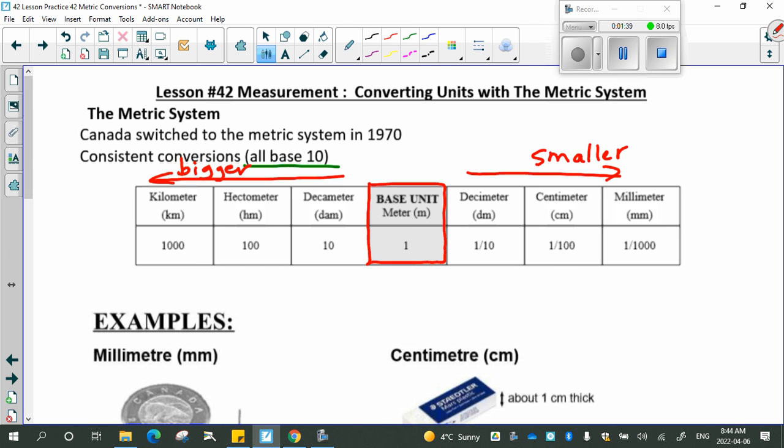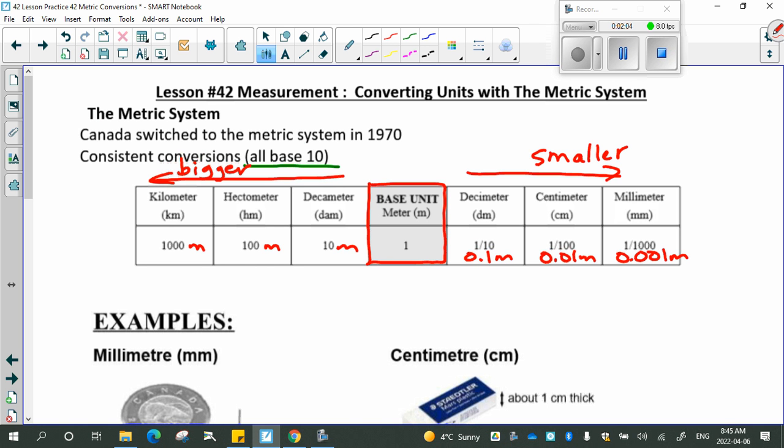So if this is easy to understand, this is 1,000 meters, 100 meters, 10 meters. So 0.1 meters, 0.01 meters, and 0.001 meters.